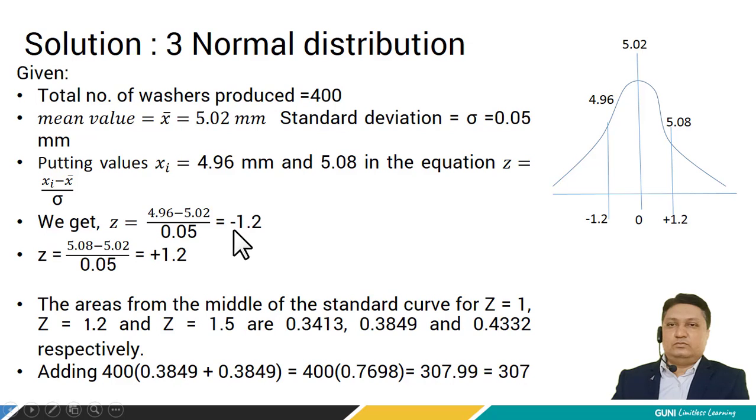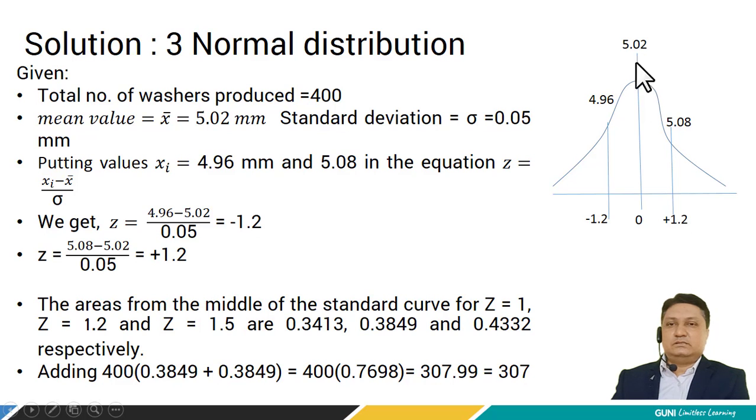So minus 1.2 we will mark at the left side of this middle line, and z value for xi is equal to 5.08 mm we get positive 1.2. So we will mark positive 1.2 at the right side of this middle line.